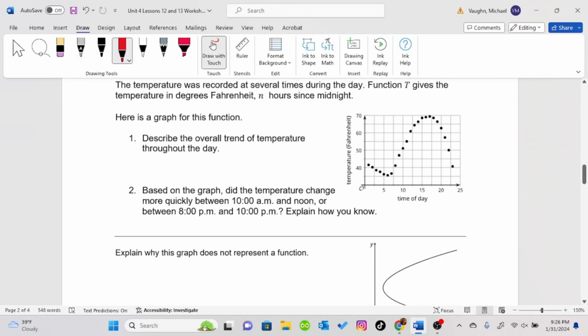In this graph, we would start at midnight. So we can see that from midnight until about 6 a.m., the temperature decreases.